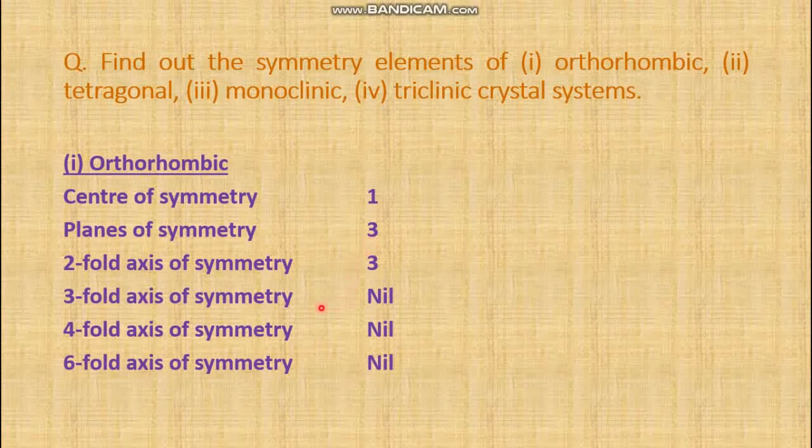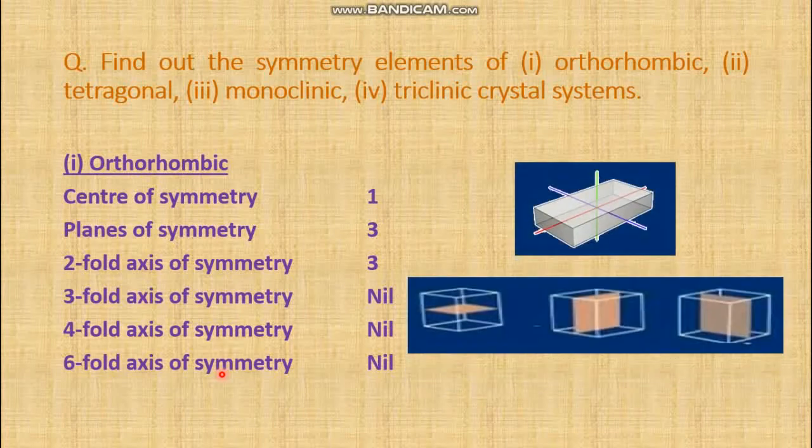Okay, and out of the 4 types of rotation axis, 2, 3, 4 and 6-fold, only the 2-fold axis of symmetry is available in the case of an orthorhombic, and 3-fold, 4-fold, 6-fold are not possible. So this is the center of symmetry, and these 3 are the axes, and these 3 are the different planes for an orthorhombic crystal system.